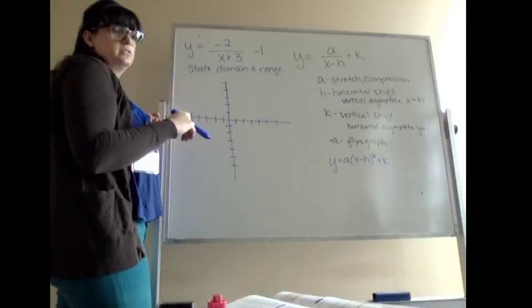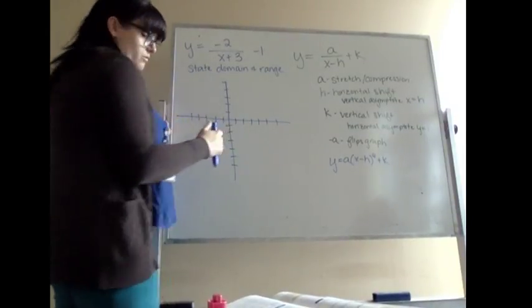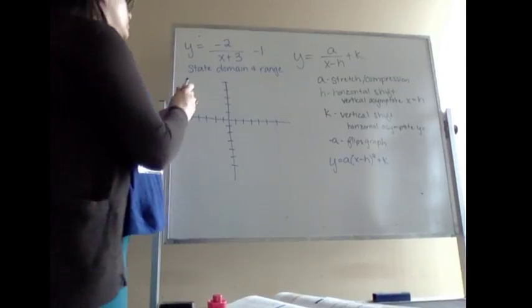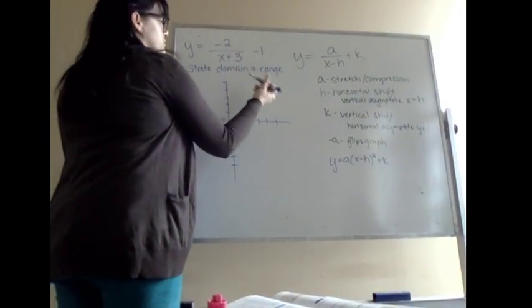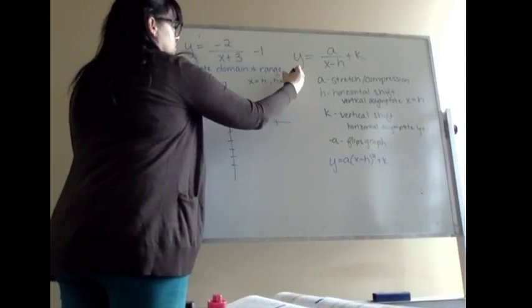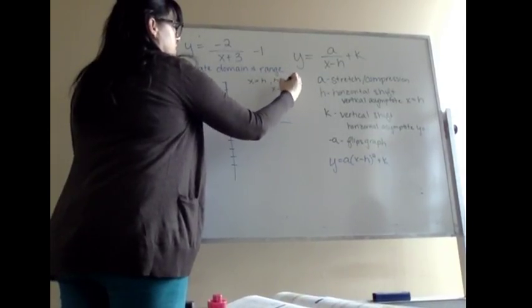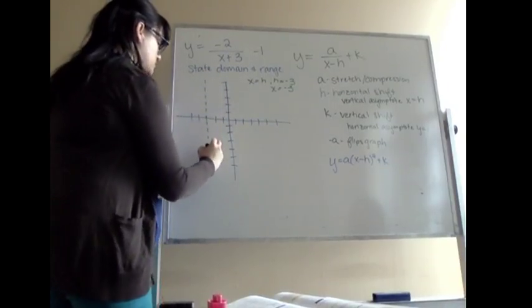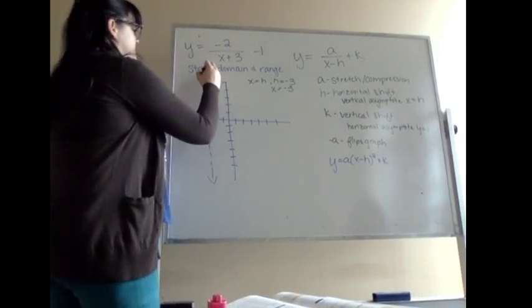Does that make sense? So we're going to graph our asymptotes first, because that's going to be the easiest way. We know we have an asymptote at x equals h. Well, in this case, h is -3, so x equals -3 is a horizontal asymptote. Or excuse me, vertical asymptote.